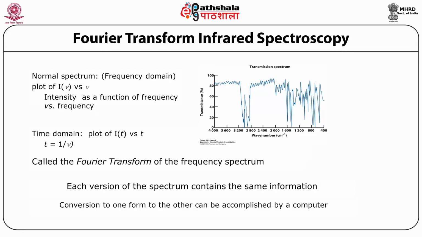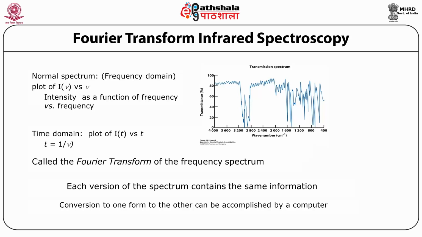We discuss Fourier transform IR spectroscopy. The normal spectrum gives you information about the frequency domain, that is the plot of intensity I versus frequency, and the time domain, that is the plot of I as a function of time. So it is called the Fourier transformation of the frequency spectrum.